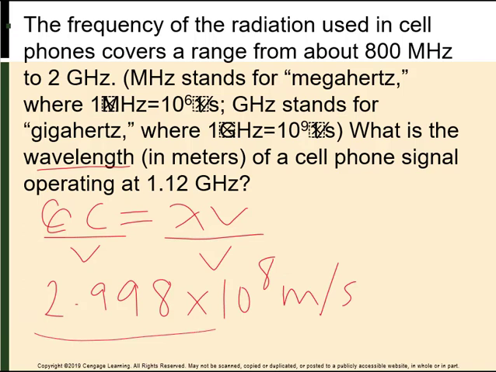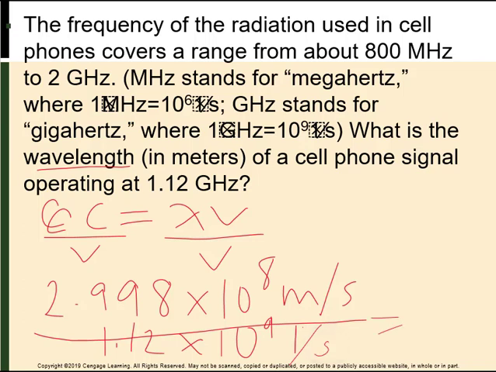And we're going to be dividing by ν, which is 1.2 gigahertz, or 1.2 times 10 to the 9th hertz, or we can say 1 over seconds.